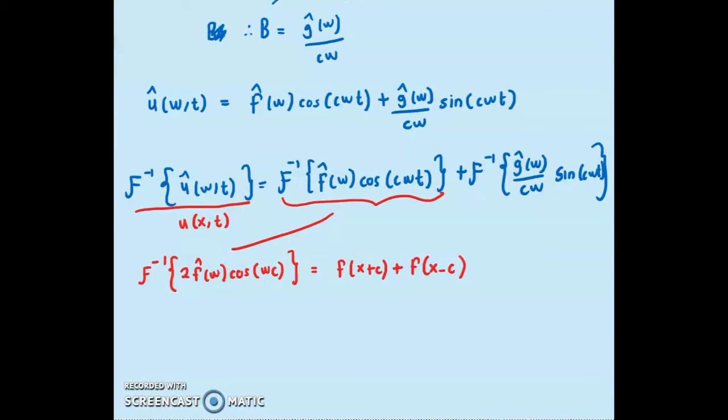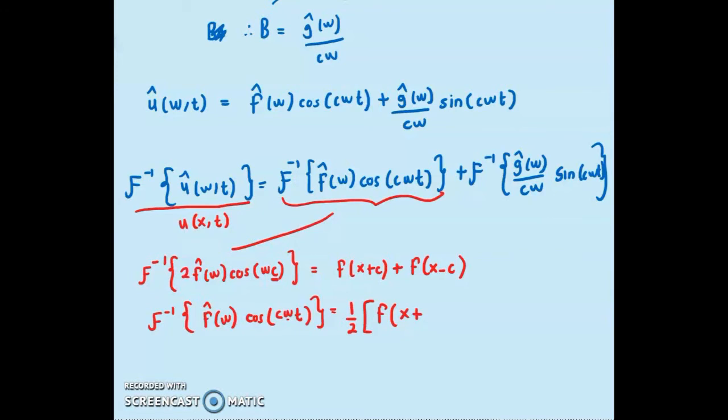Now I'm simplifying this, so what we have is the Fourier inverse of f hat omega cos c omega t. If you look carefully, we have this 2, bring it over here, and then we have x plus c, but we have omega, so ours will be omega t.